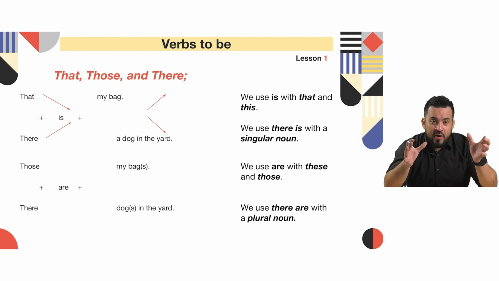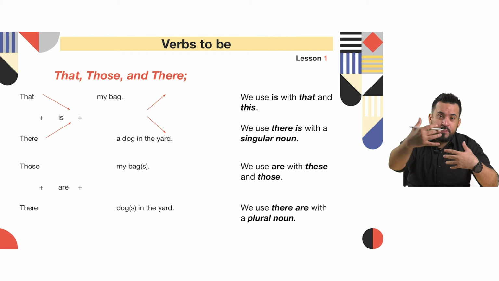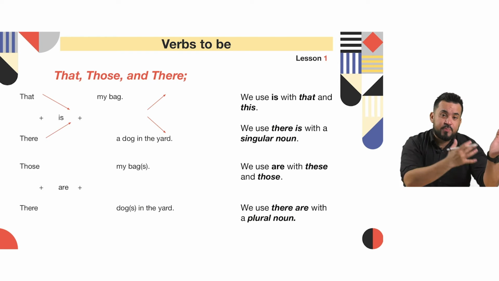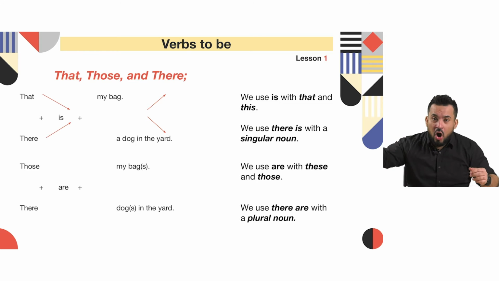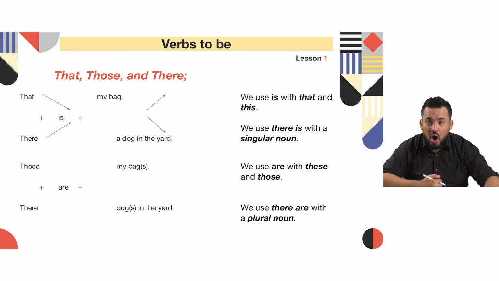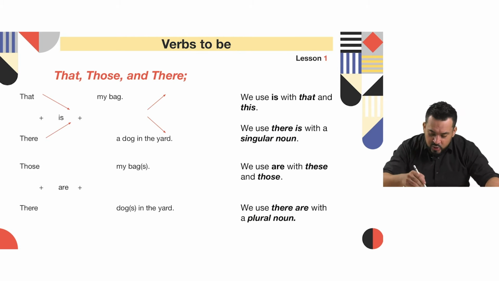If we use there with plurals, we always say there are, depending on the object, whether it's plural or singular. If it's plural, we say there are dogs in the yard. Or if it's singular, we say there is a dog in the yard. That means one. Okay, so let's review here real quick. We use is with that or this.